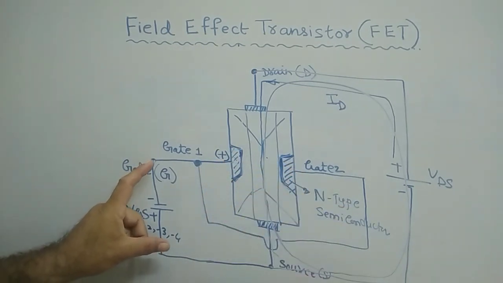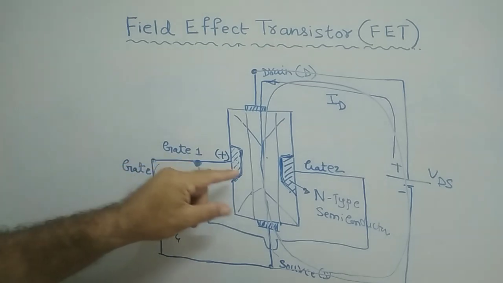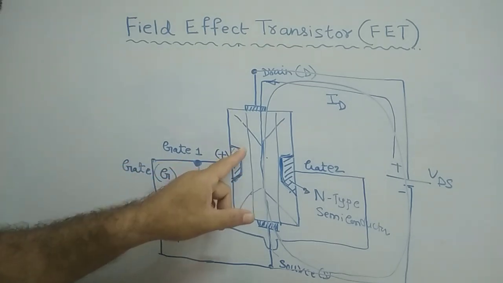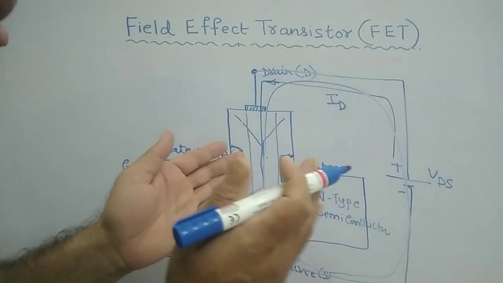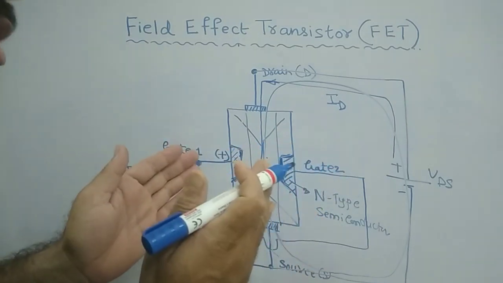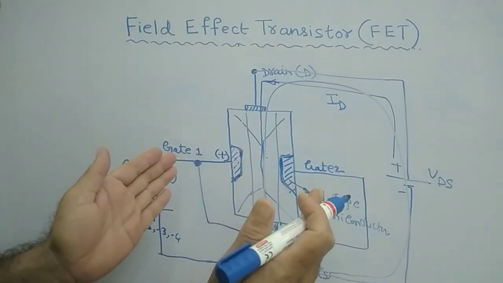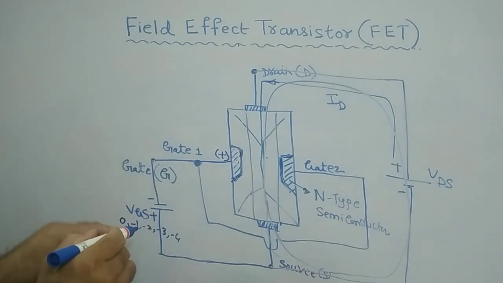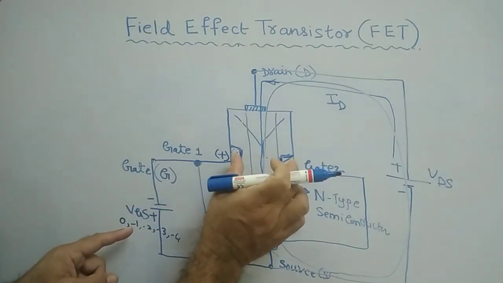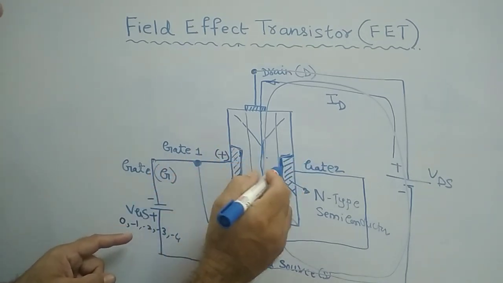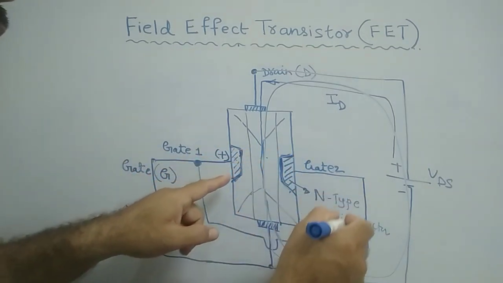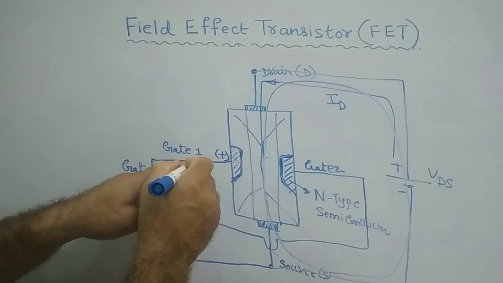If you increase the reverse bias voltage here, what happens to the depletion layer? What happens to the width of the junction in reverse bias condition? The width will increase. If you give -1 volt, the width will increase a little on both sides, because the second gate is also tied to gate 1.